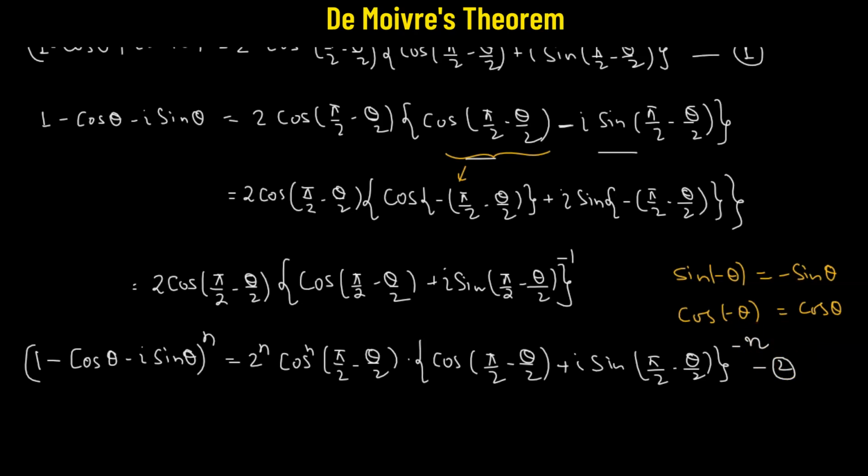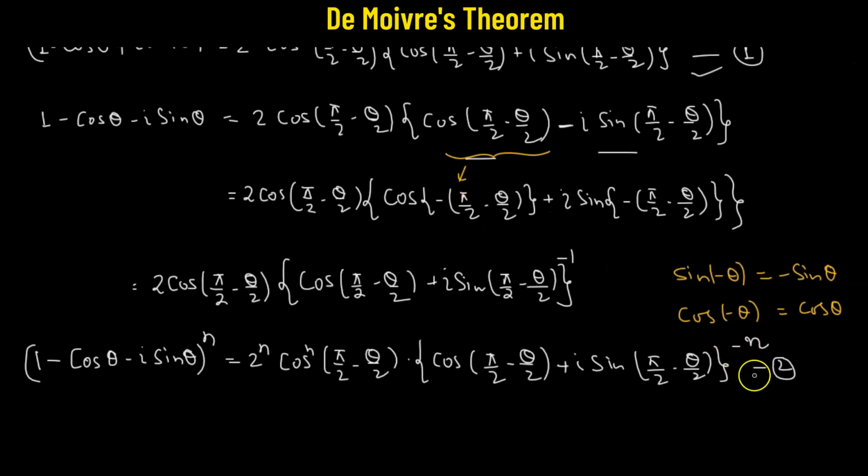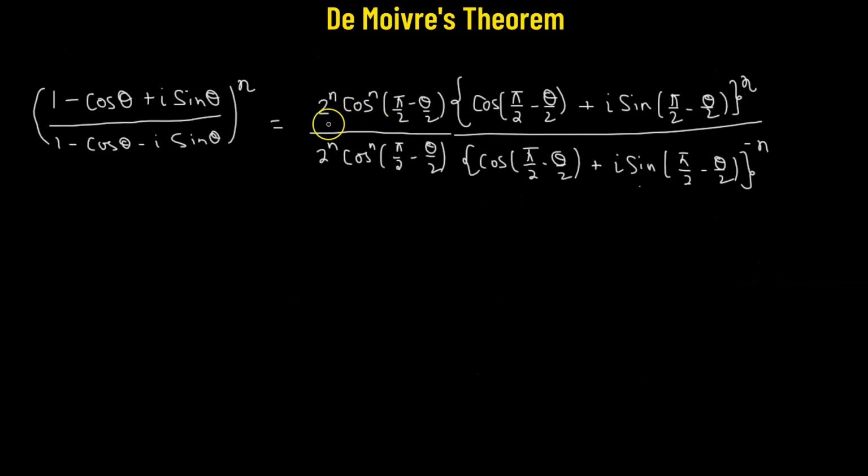So we have obtained equation number 1 and equation number 2. We'll divide equation number 1 by equation number 2. Now we can factor out 2 raised to the power of n from both the numerator and the denominator. Similarly, we can factor out cosine raised to the power of n of (pi over 2 minus theta over 2) from both.